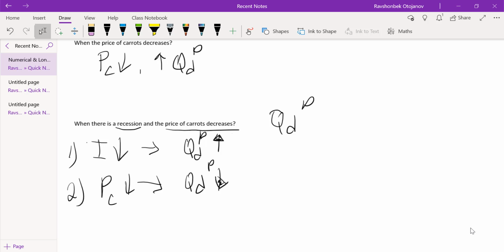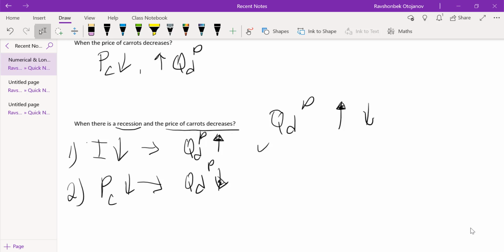These are two countervailing forces. One induces the quantity demanded for potatoes to increase. The second induces a decrease. The net effect depends on which of the two effects is stronger. If the income effect is stronger, we would expect higher quantity demanded for potatoes.